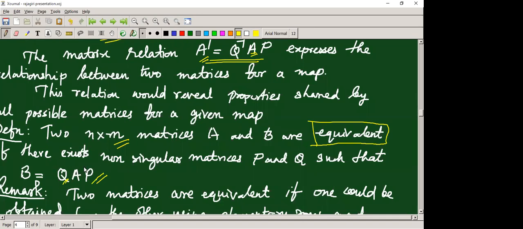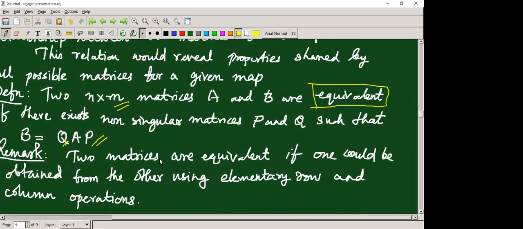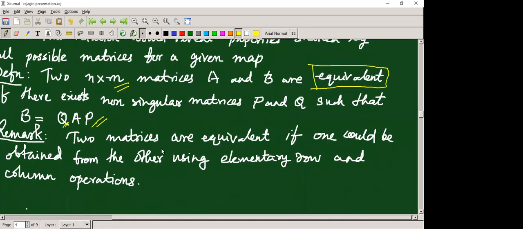So two n by m matrices A and B are equivalent if there exist non-singular matrices P and Q such that B is equal to Q into AP. So in the study of row reduced echelon form, we know what the row transformations and the column transformations are. There we have defined equivalent matrices in another way. How did we define that two matrices are equivalent?